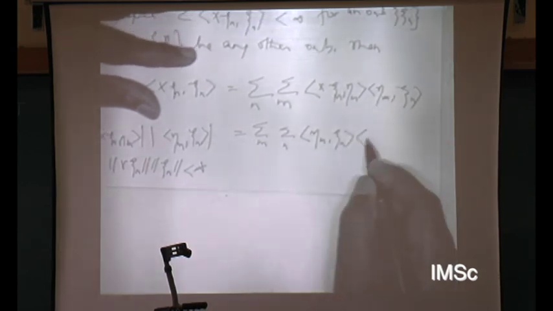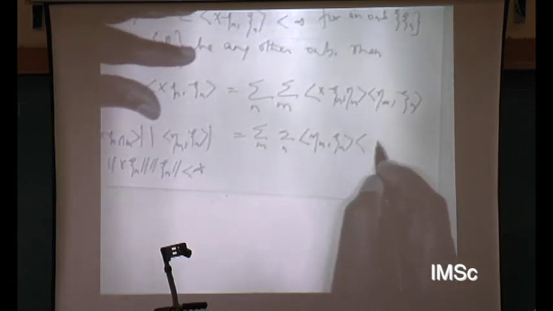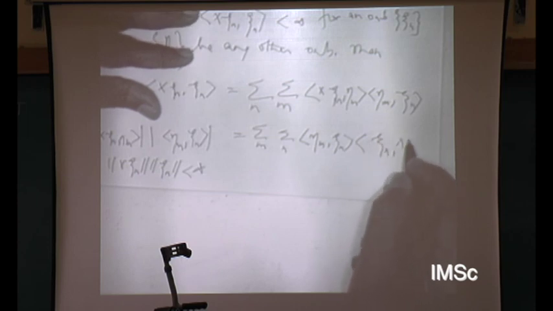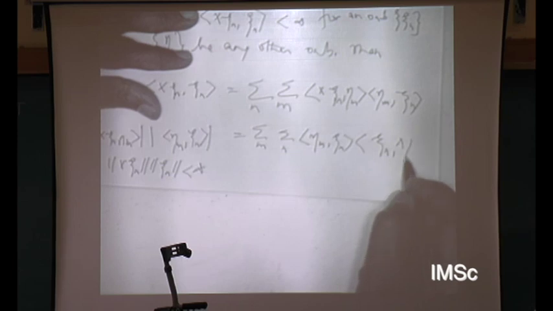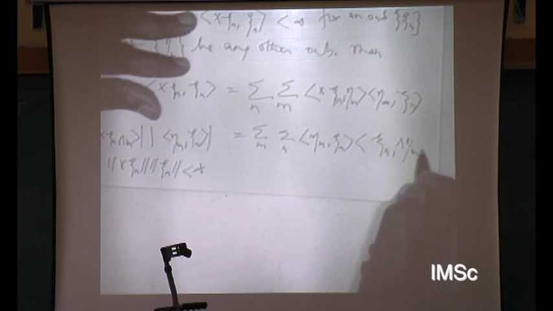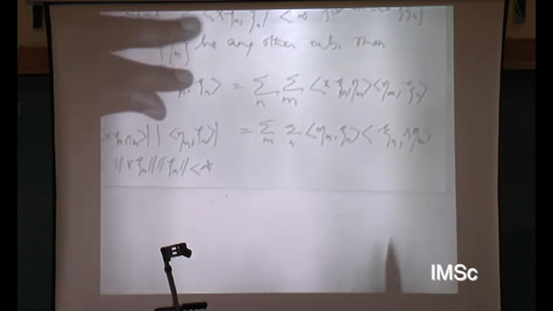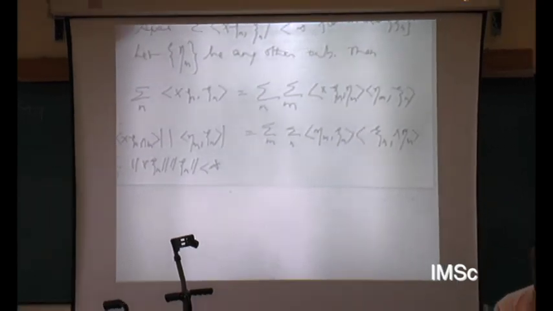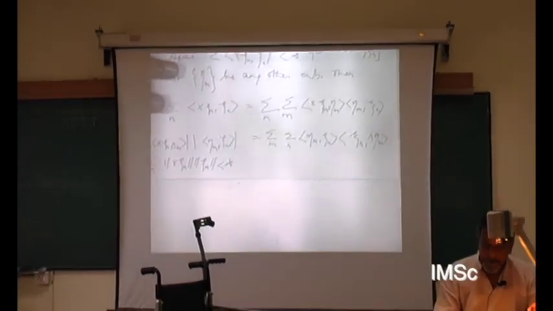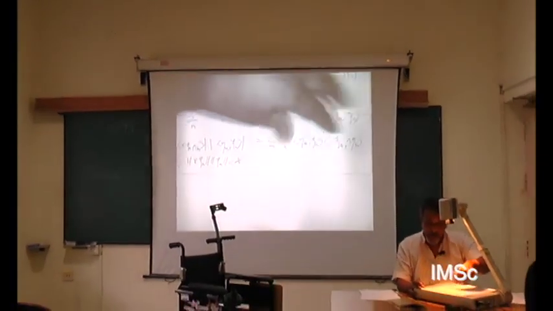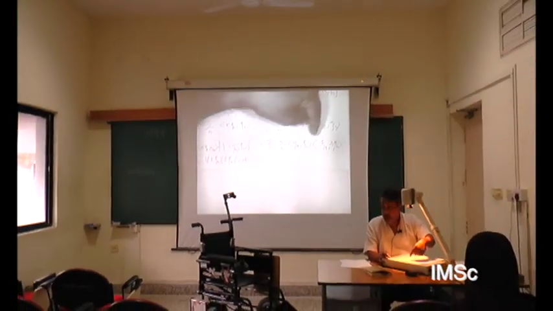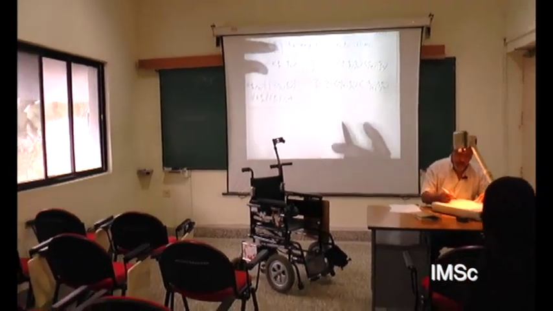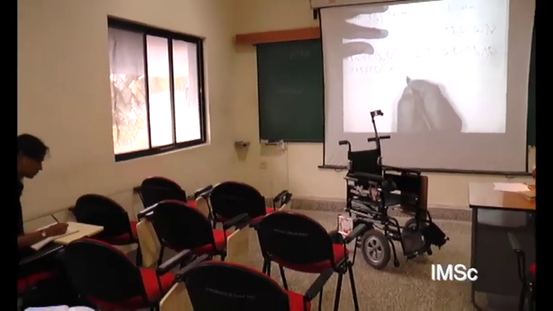And this I'll write as xi n, x eta m. X is self-adjoint. We've written them in the opposite order. I've just taken the x over to the other side. But what does this give me?